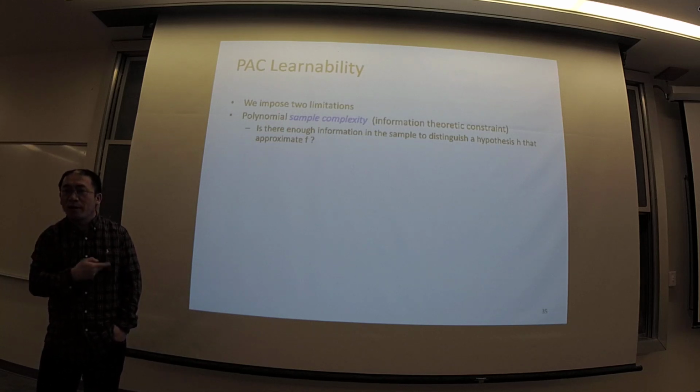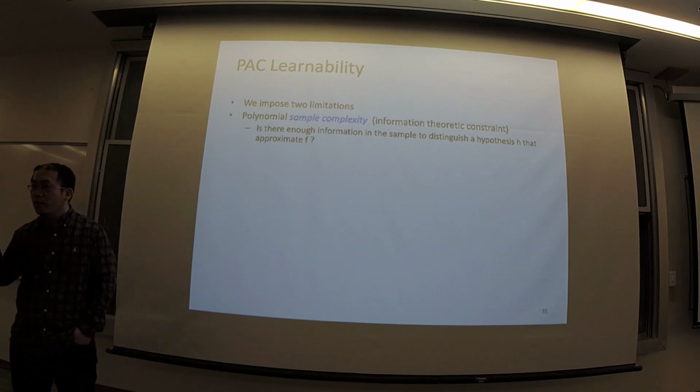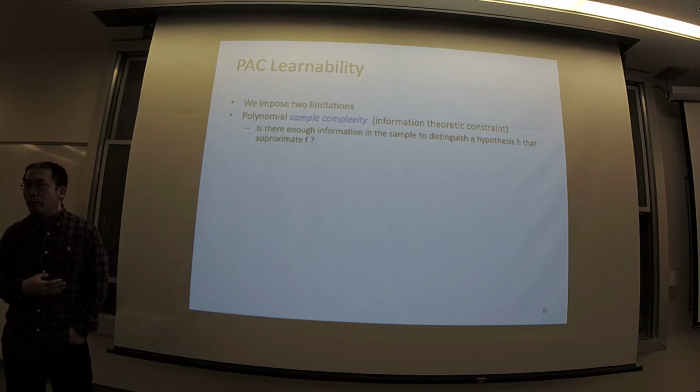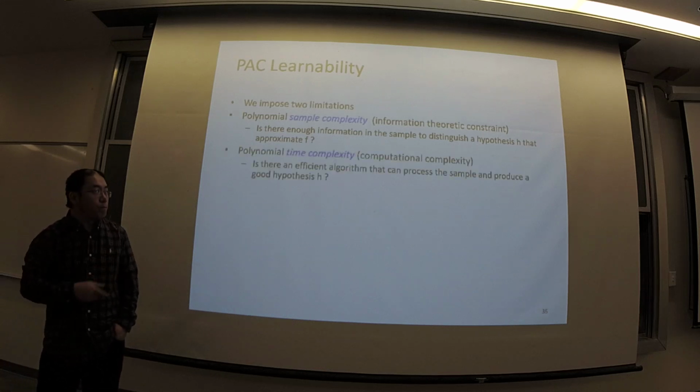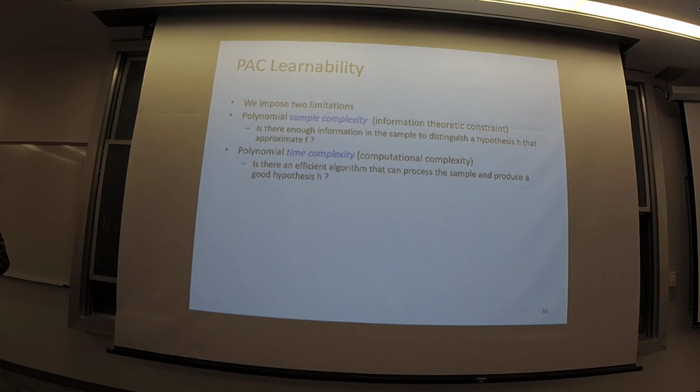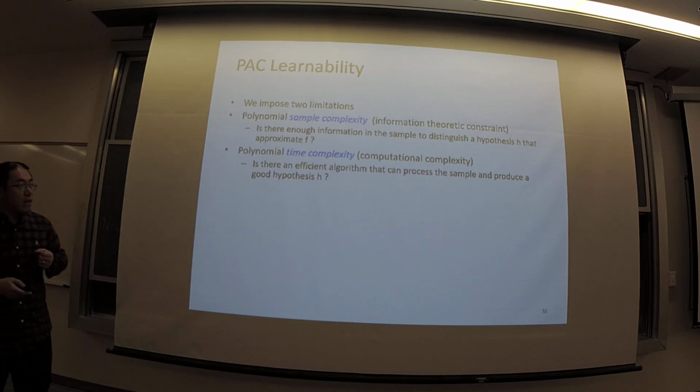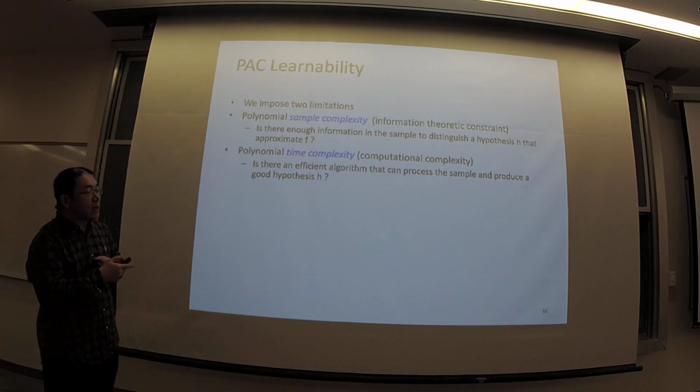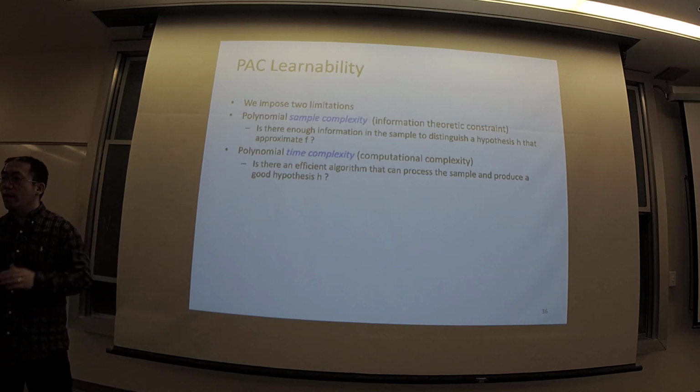It just uses polynomially many examples to achieve the desired error level at the desired confidence level. It should satisfy this sample complexity requirement for arbitrary levels and numbers of samples and feature dimensions. And secondly, it imposes a polynomial time complexity. These are about the computational complexity.